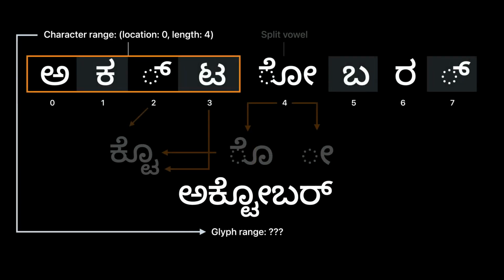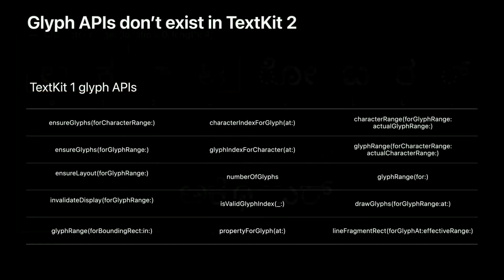But there are some TextKit 1 APIs that have no direct equivalents in TextKit 2. To understand why, you need to understand there is no correct character-to-glyph mapping for many words in Indic scripts, like Kannada. In these scripts, glyphs can be split up, reordered, recombined, or even deleted.